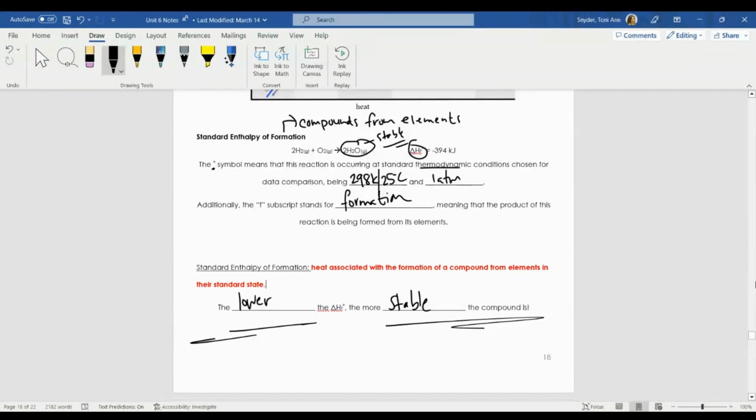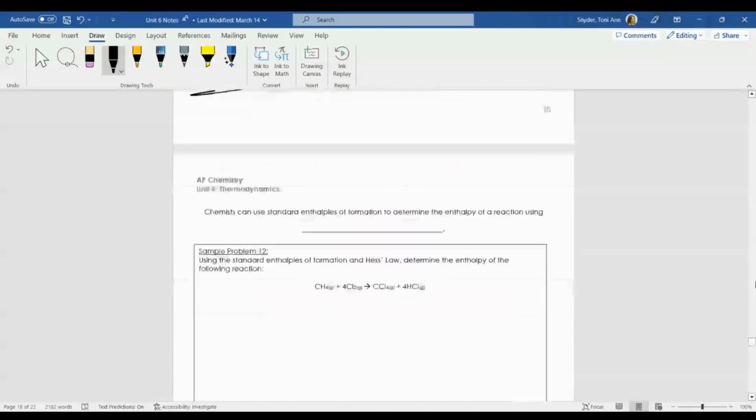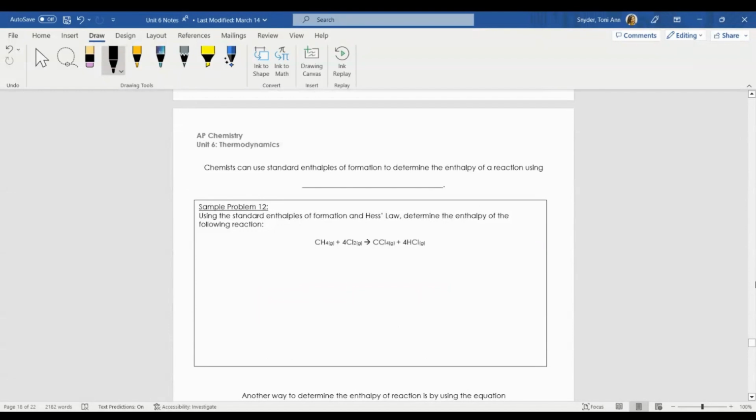And actually in class, we're going to look at this because I have a chart that has a whole bunch of standard enthalpies of formation on it. So we could see really how stable some of these compounds and elements are. And we're not going to work with that too much otherwise, but we can use the standard enthalpies of formation to determine the enthalpy of a reaction.